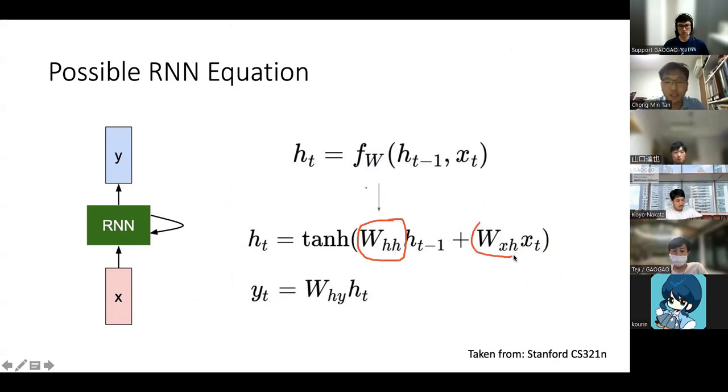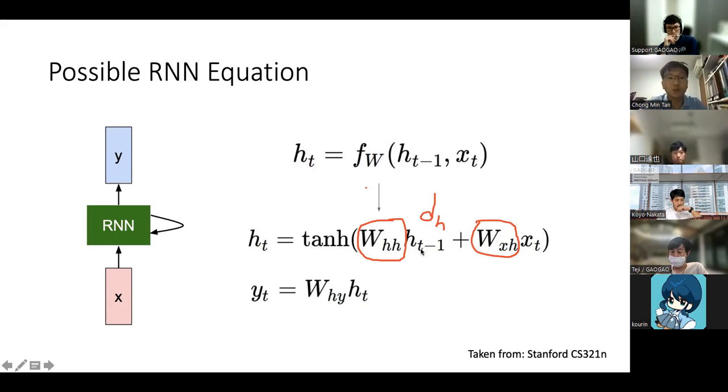This W_xh maps the input layer x to the hidden layer h. After you do these two matrix multiplications, the dimensions for this output will be the dimensions of your h, because of the way this matrix multiplication is done.